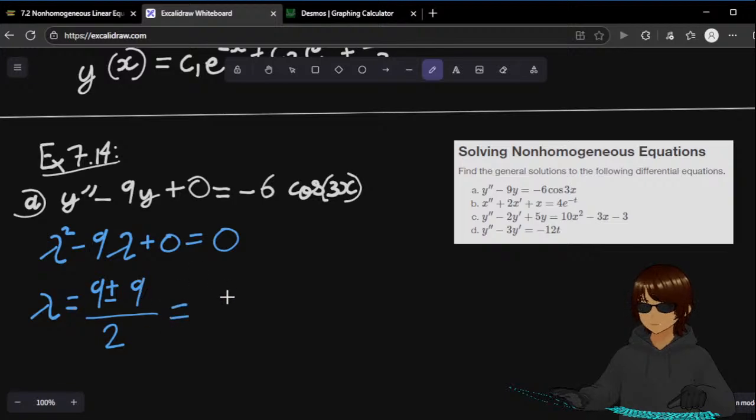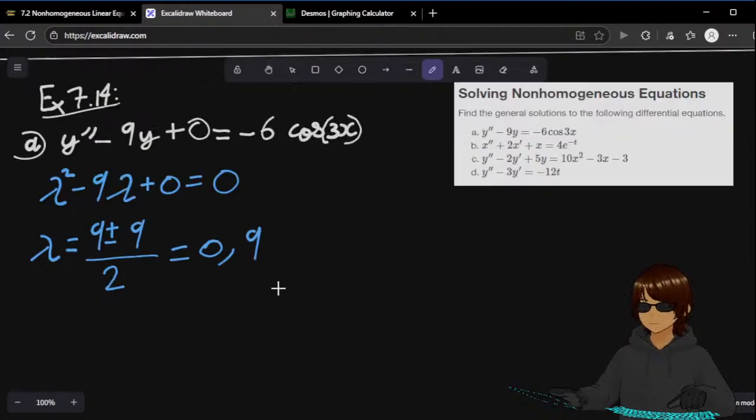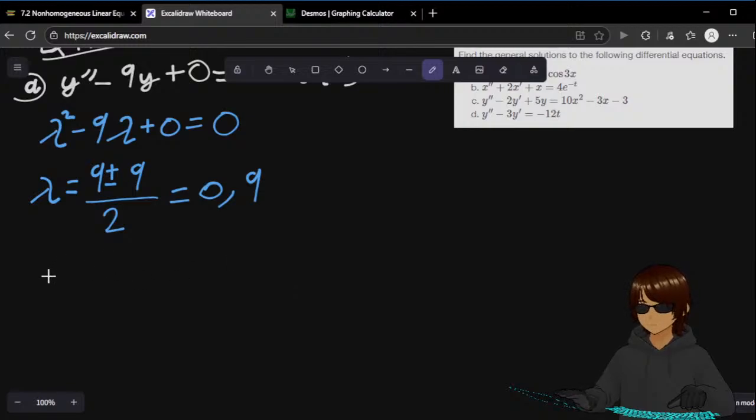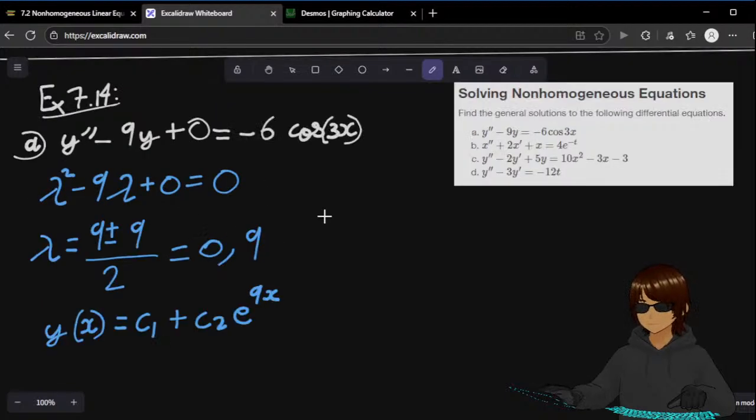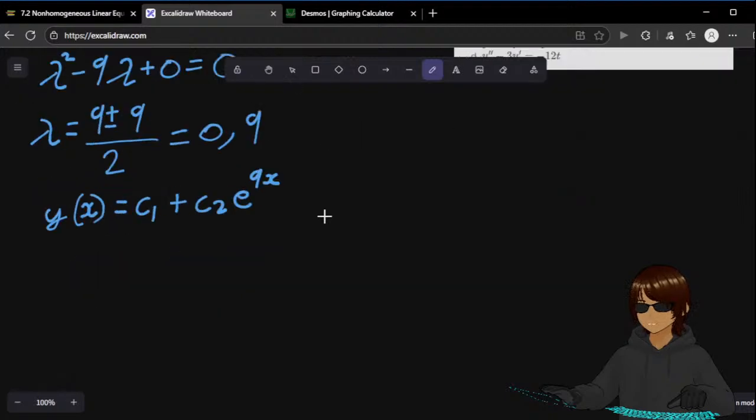So 9 minus 9 is 0. So either the solution is 0 or it is 9. But then we have y(x) is equal to c1, just c1 because it's e to the power of 0, and then c2 e to the power of 9x.